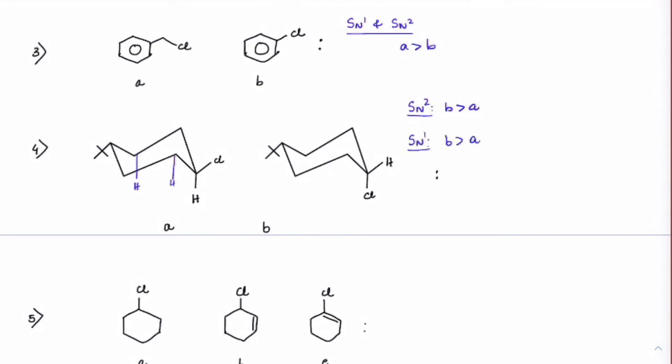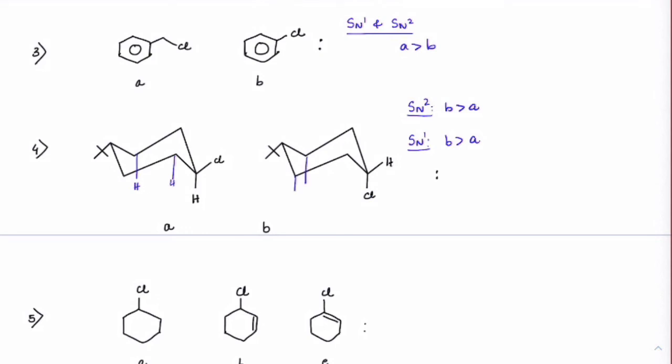Now this time, sorry, it is the bond strength which is deciding. The axial bond can be broken easily compared to the equatorial bond because due to 1,3 axial repulsions, this bond can be broken easily. So let me write that down.